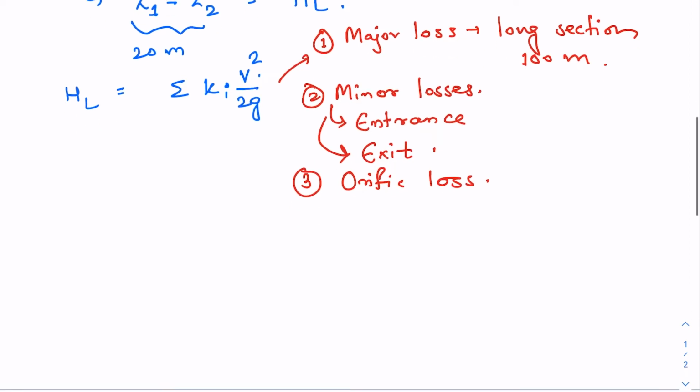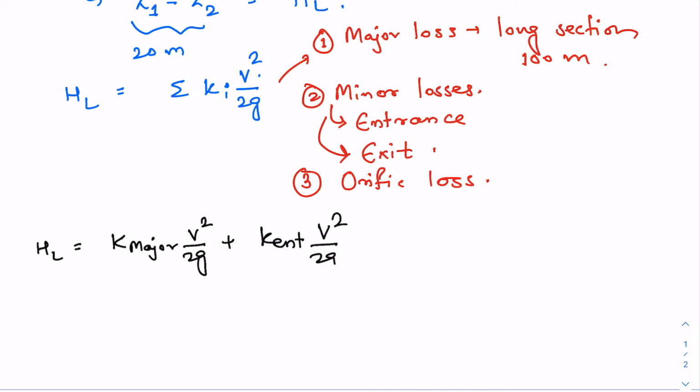So if you substitute all these terms here, HL comes out to be K major times V square by 2G plus K entrance V square by 2G plus K exit V square by 2G plus K orifice.